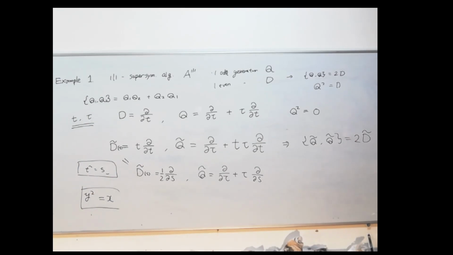Now let's move on to the supersymmetric version of SL2. That's going to be important for us. So the next example is the so-called OSP(1|2).